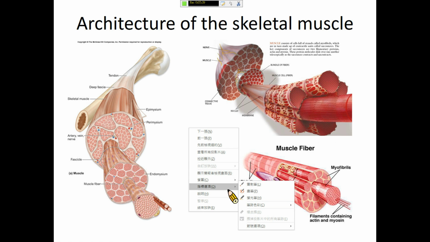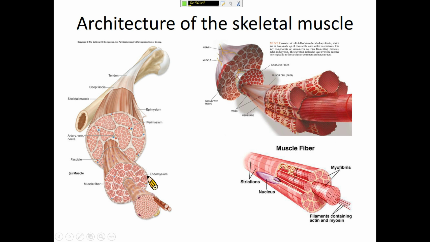Probably not. This is always a white cursor. Can you see the cursor clearly? The mouse cursor? Because it's also white. White cursor on the white background. Okay.